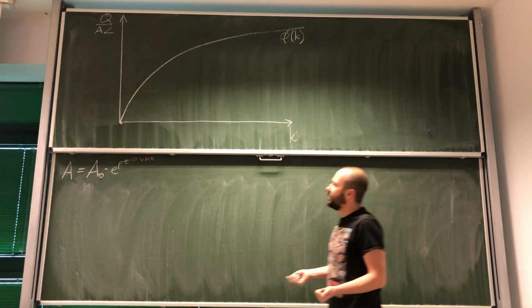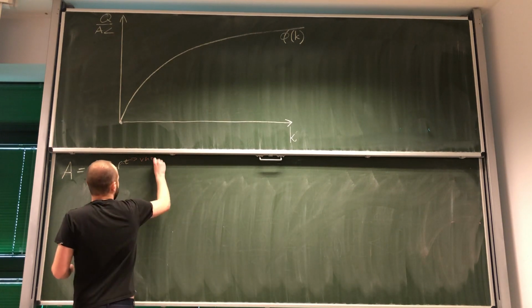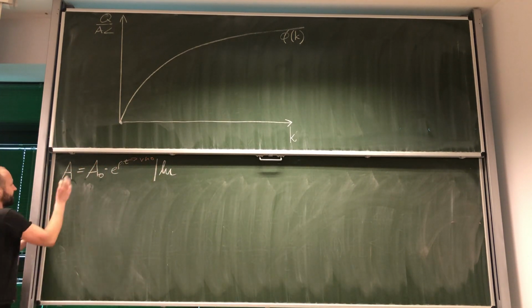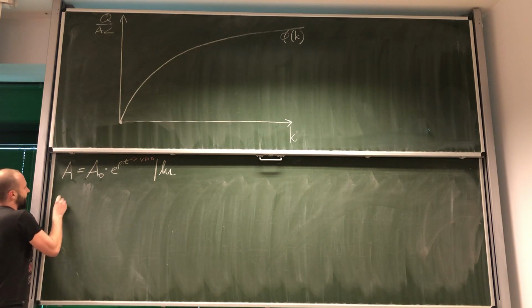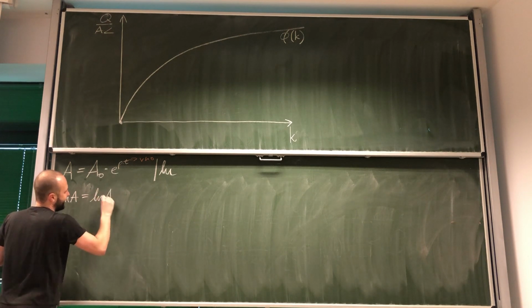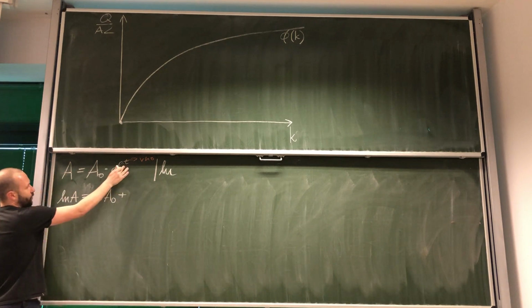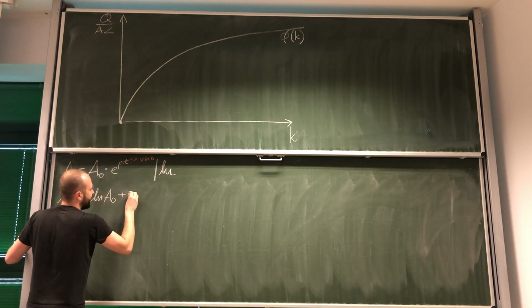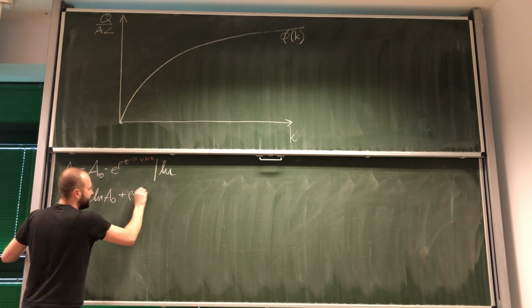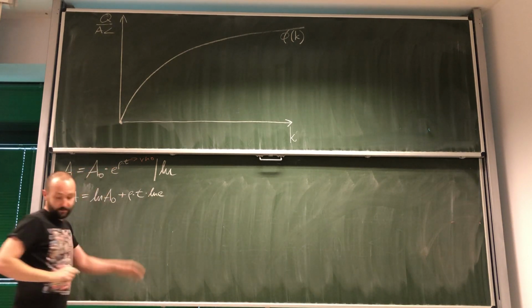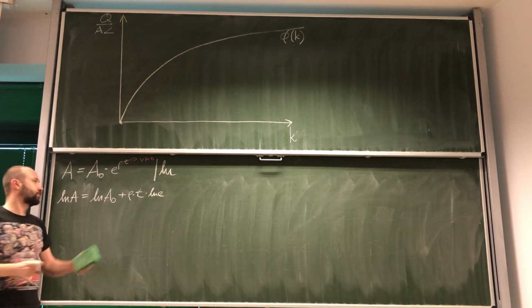Well, this is fairly easy to see. First, we can logarithmize both sides and we will get that this is ln A equal to ln A0 plus, we can take it out, right? We will have rho times t times ln e, but of course ln e is equal to 1.